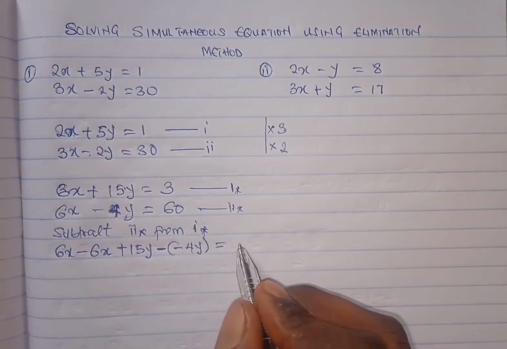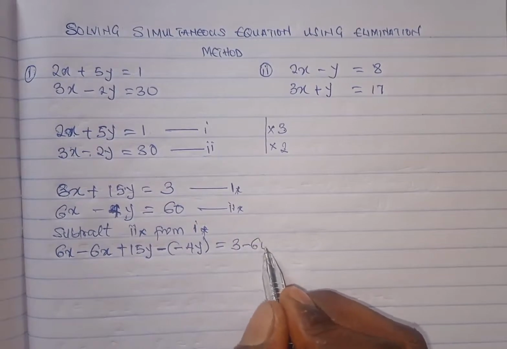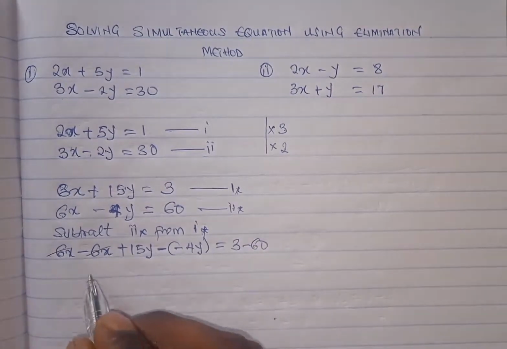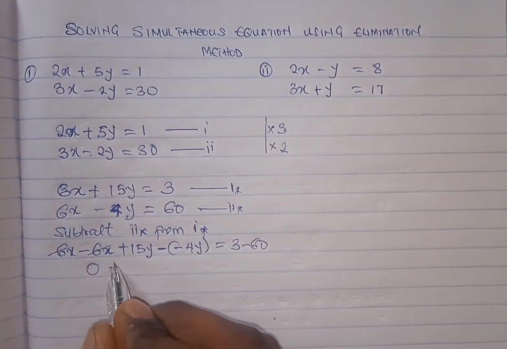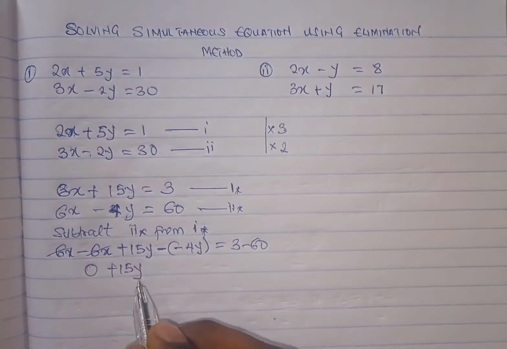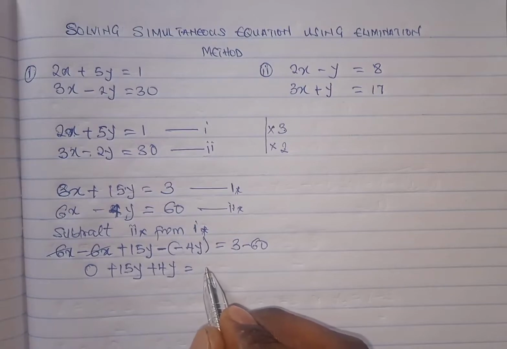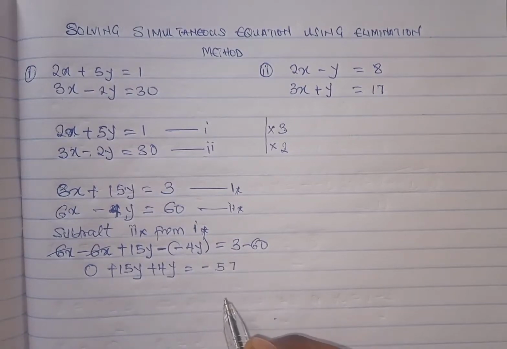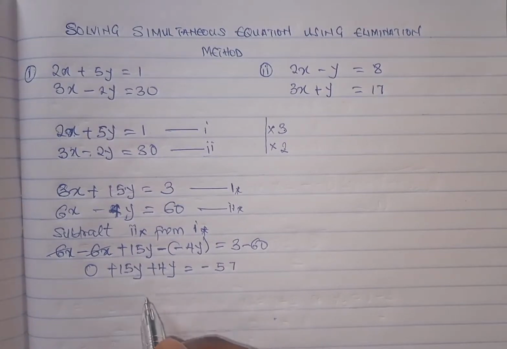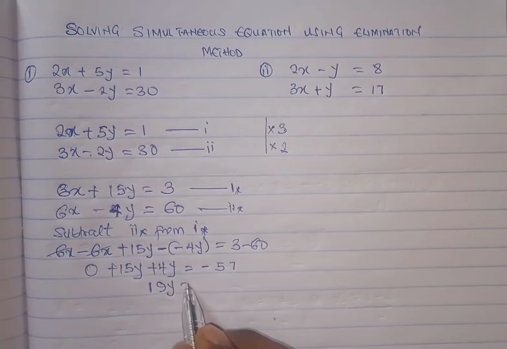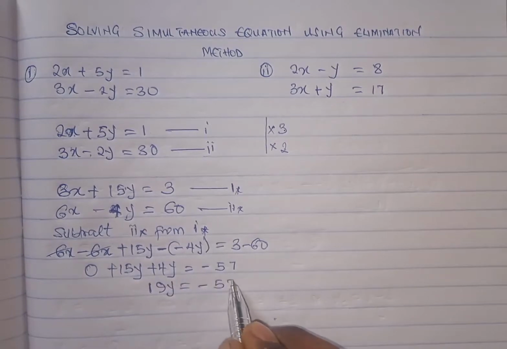Then here are going to be 3 minus 60. So this one becomes 0. You have 0 here. Then this will become plus 15y plus 4y, which is equal to minus 57. Then when you add this together, you have 19y, which is equal to minus 57.